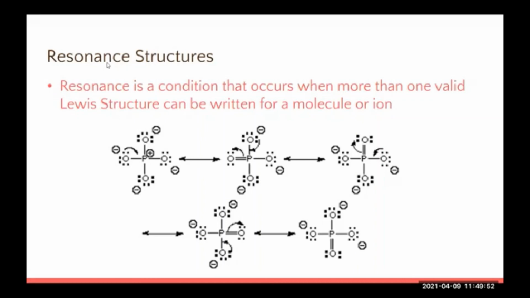So when you're looking at these examples, you can see that there might be a double bond here, here, or there. That's all acceptable placements of that double bond, and therefore multiple accepted Lewis structures creates resonance.